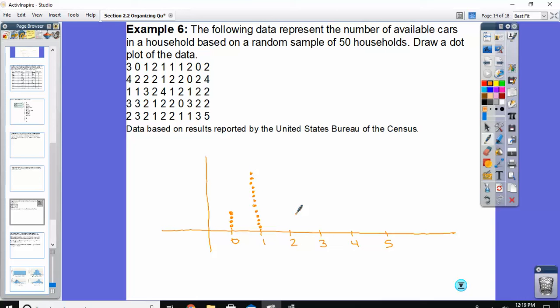Two was 22 times, so we would put 22 dots.